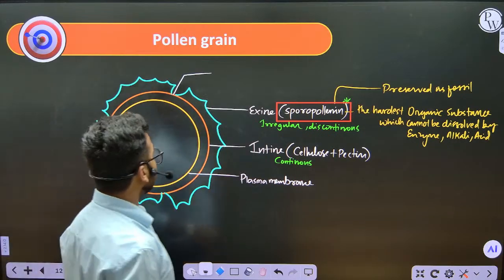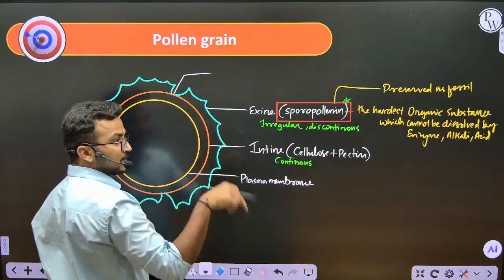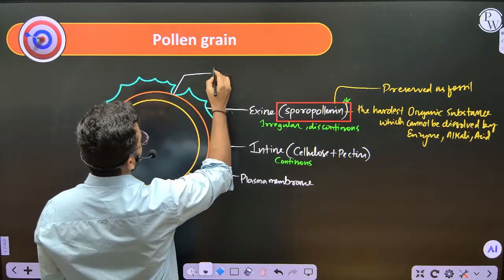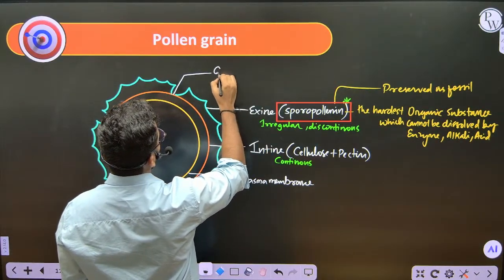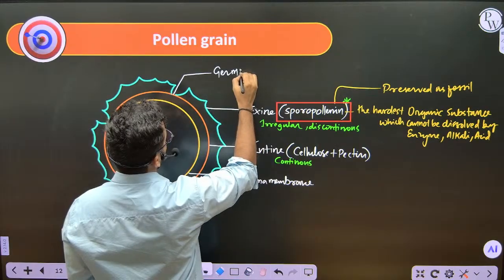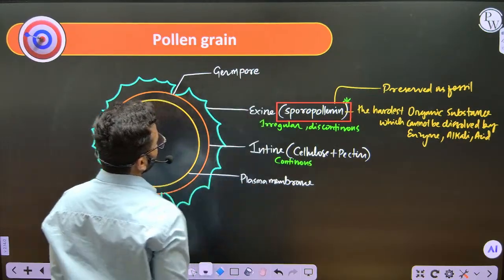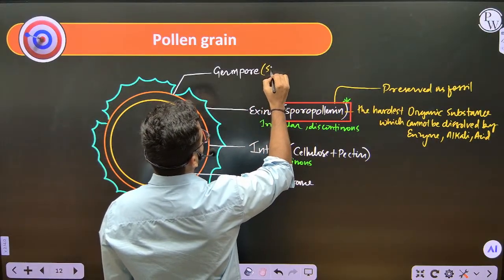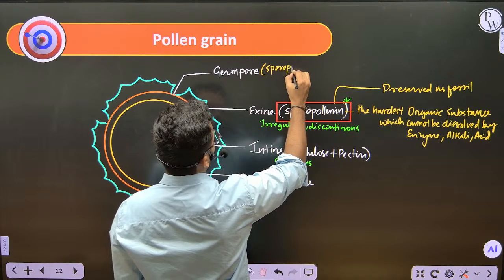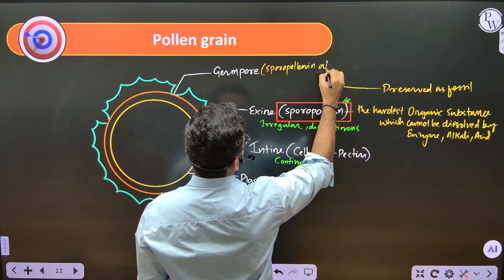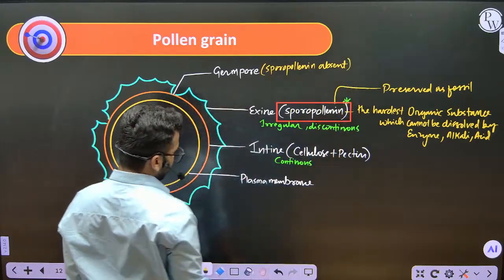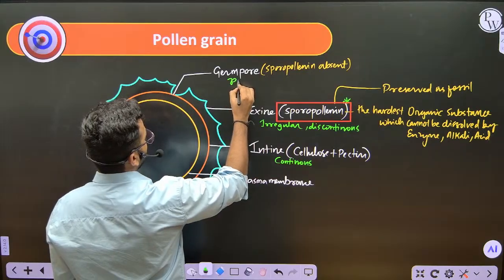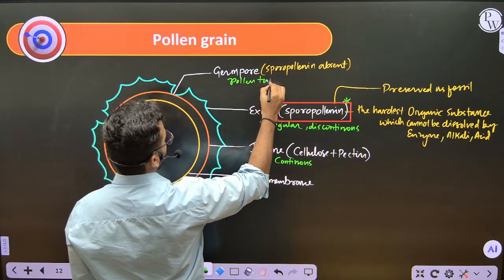The space where the sporopollenin is absent, we call this a germ pore. Germ pore in the sense it is kept where sporopollenin is absent, which will be kept open for pollen tube formation.